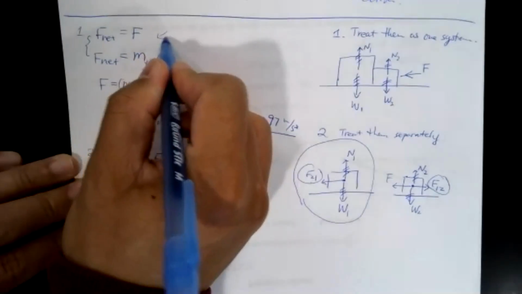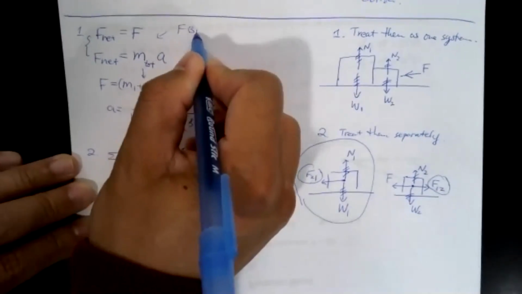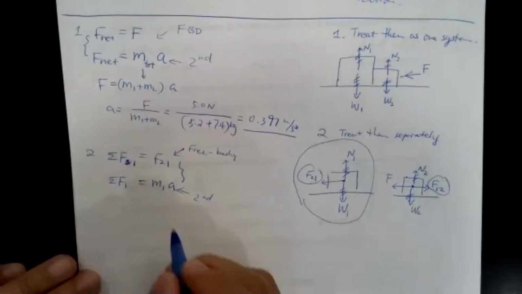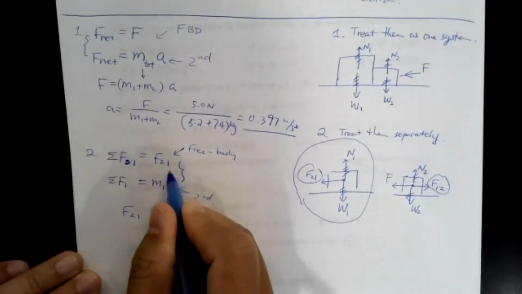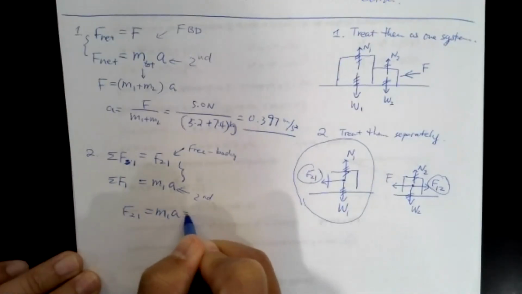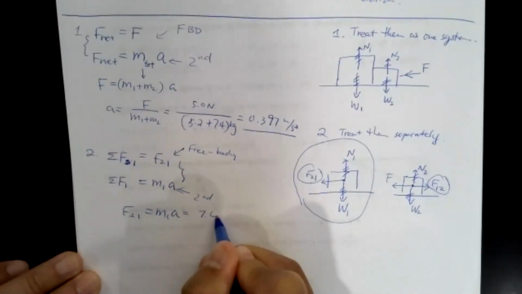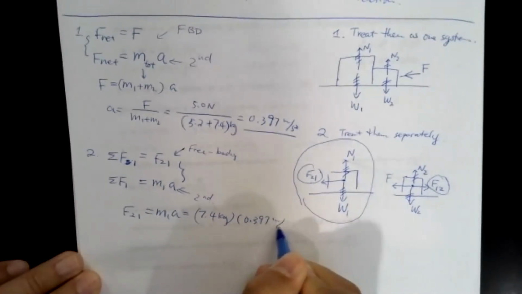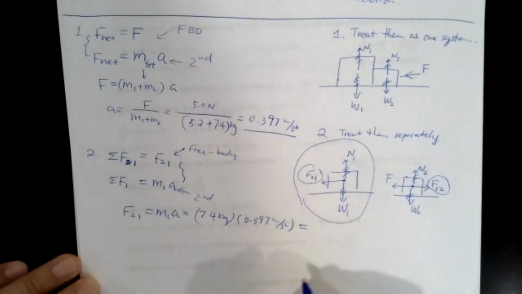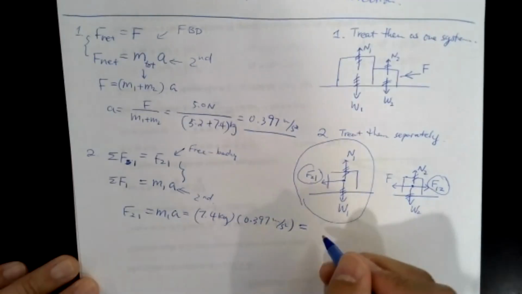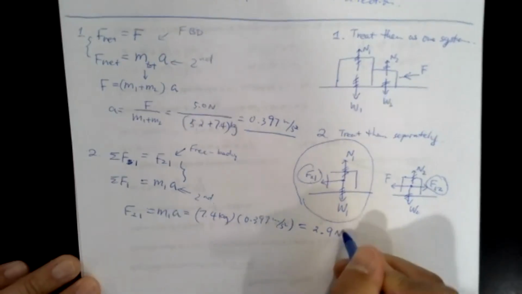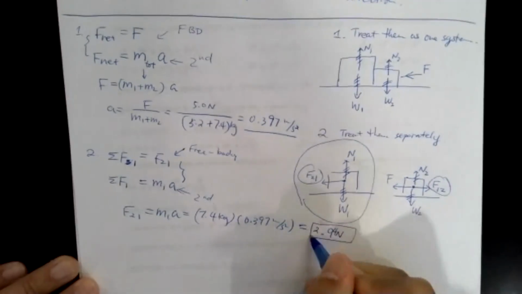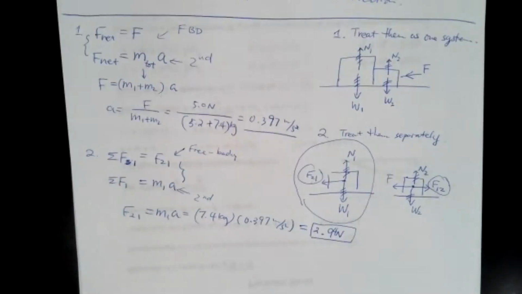Similarly on here, this is the free body diagram and this is the second law. Two equations. So you can figure that F21 should be equal to M1 times acceleration, so 7.4 kilograms times 0.397 meters per second squared. That gives you 2.94, or 2.9 newtons, keeping two significant figures.